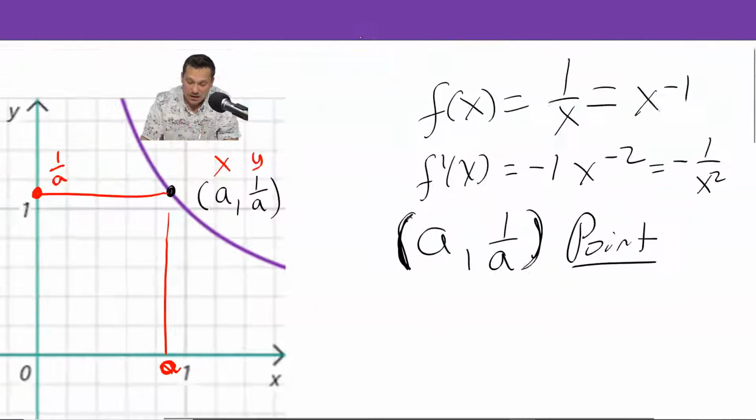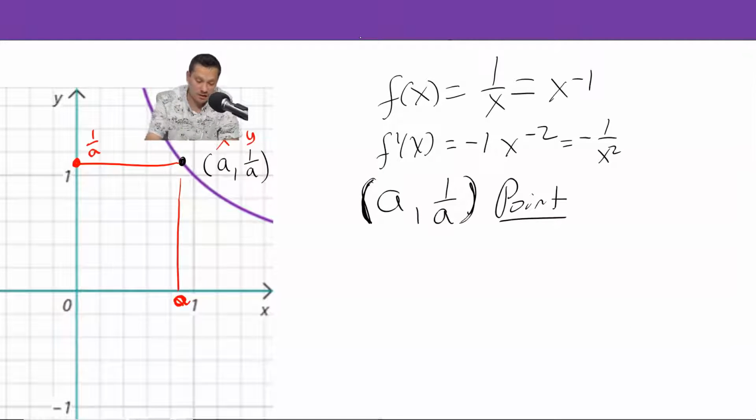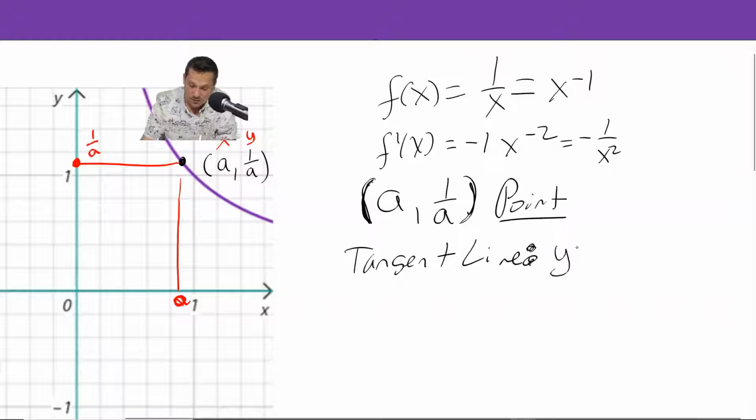Let's get back over here and make use of this information. So I have my point, I have the derivative. To build up the equation of every tangent line ever, let's just remind ourselves of what that looks like. So the tangent line takes this form right here. So I have tangent line equals y minus that particular value of y.